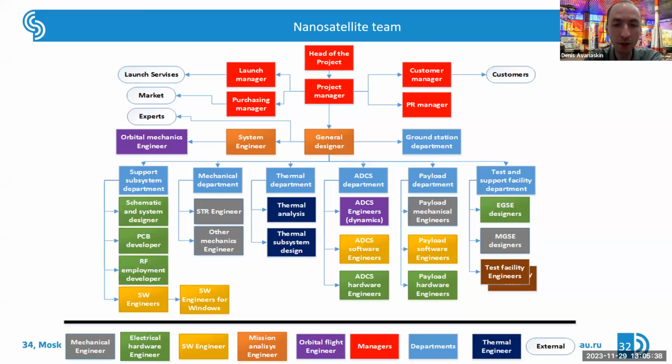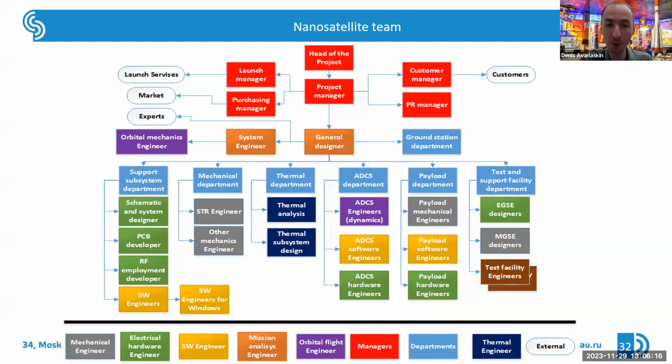Here you can see a table with the team that you need to have to make a satellite. Of course, this is an ideal one, and here are all the kinds of work that we need to do. Usually nanosatellites are created by very small teams, and the different tasks that you can see here in colored boxes can be made by one person.